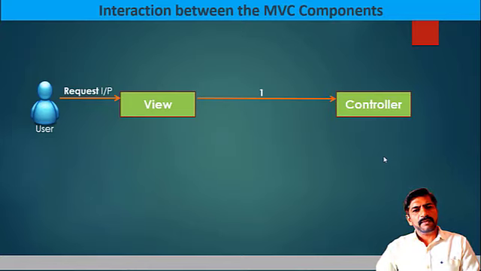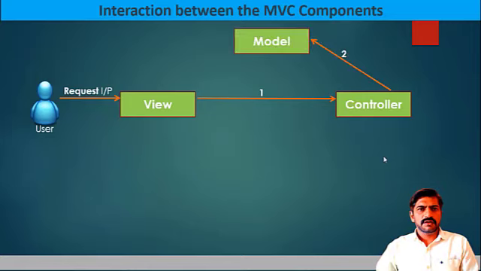So the controller maps that request, which comes from the user as a URL, and the particular action is taken by the controller. So if some data is needed, the controller communicates with the model for the request of the particular data, and then it passes it to the views.